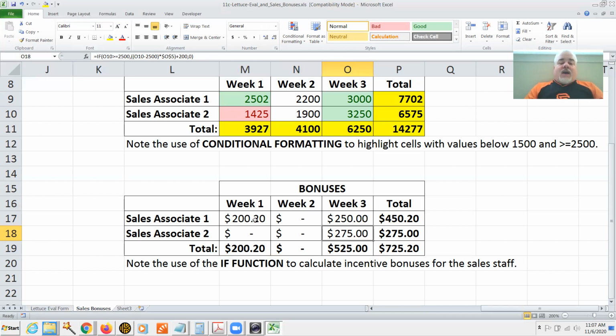So let's look at how this worked. If M9 is greater than 2,500, then I'm going to do an equation. And here's my equation. My equation is take M9 minus 2,500.